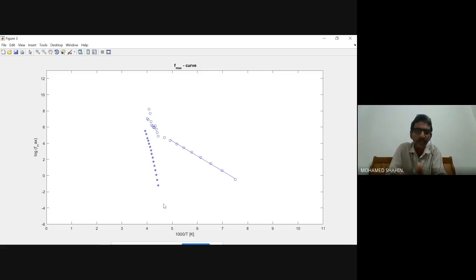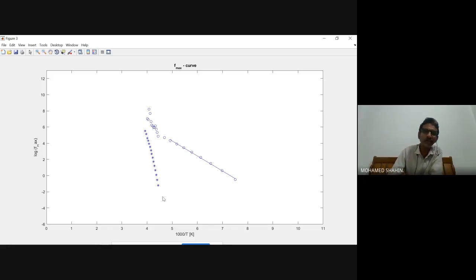At that time, within a very small temperature change, the relaxation time is going to infinity. At that temperature, the system is almost locked in a state where it can't come back. So its relaxation time is almost infinite.